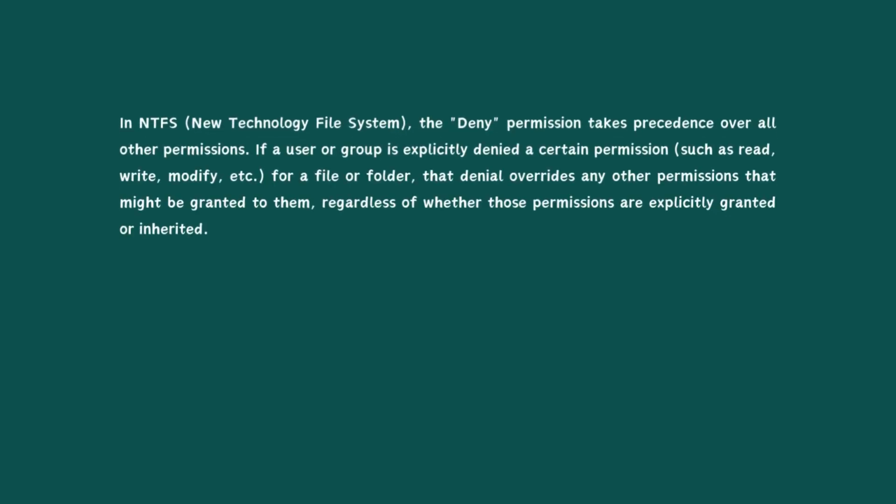In NTFS, the deny permission takes precedence over all other permissions. If a user or group is explicitly denied a certain permission, such as read, write, modify, etc., for a file or folder, that denial overrides any other permissions that might be granted to them, regardless of whether those permissions are explicitly granted or inherited.